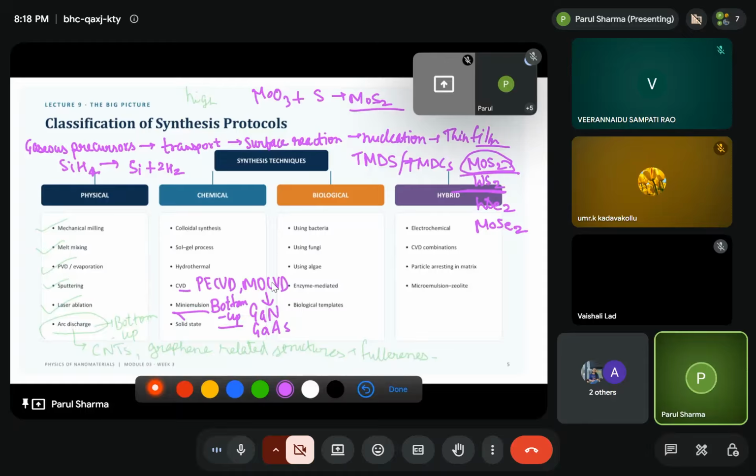These droplets will act as tiny nanoreactors inside which the nanoparticles will form.